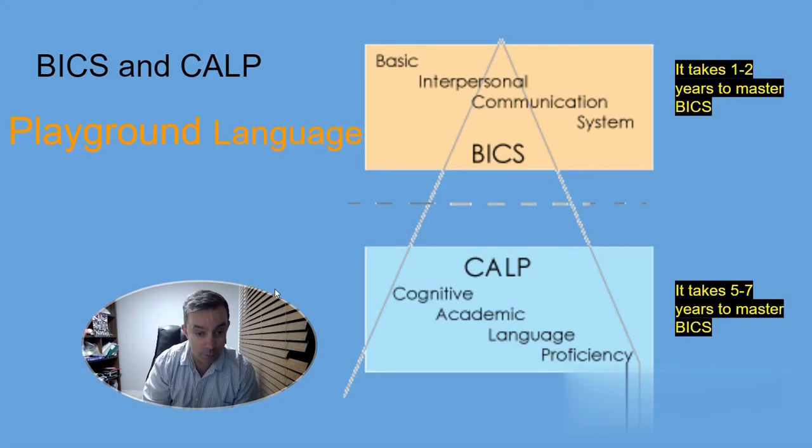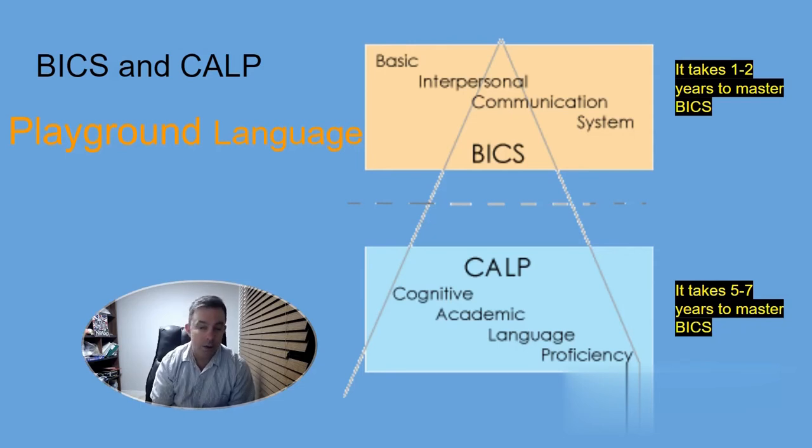It's to casually talk with friends. Fairly easy for children to pick up. It takes a year or 2 years to master BICS under appropriate circumstances. So BICS is one side of the coin, we'll say, when it comes to children's language.